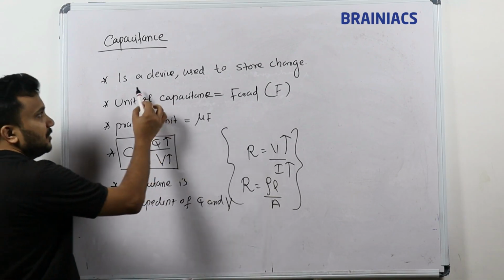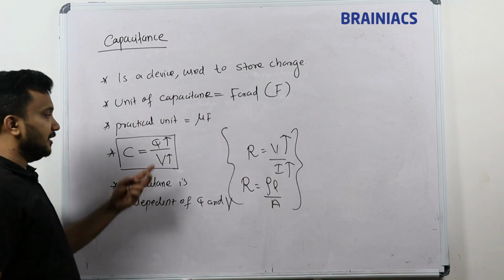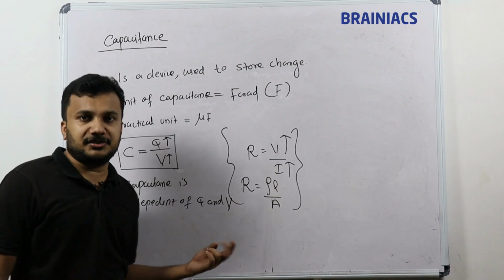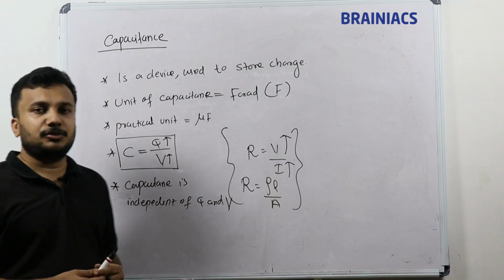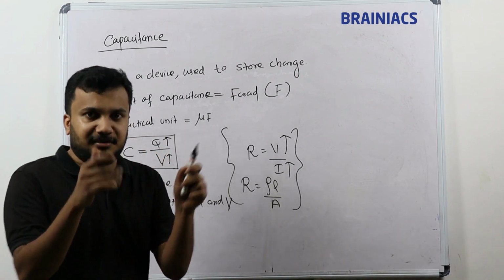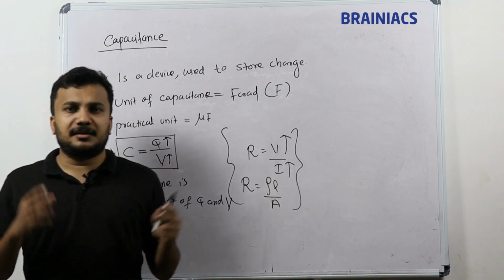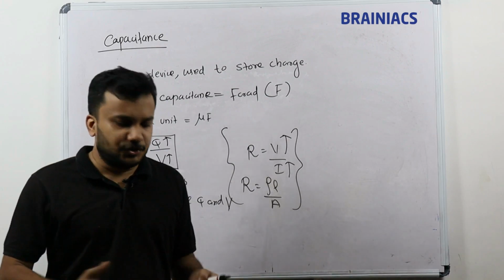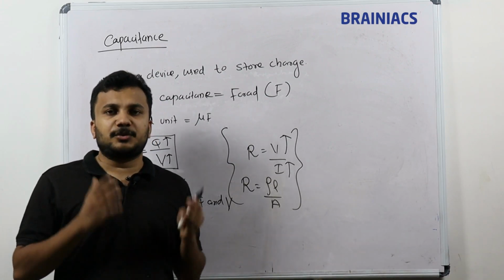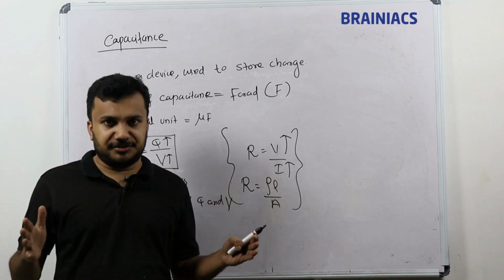This is important. It is a device used to store charge. The formula for capacitance is C equal to Q by V for a particular conductor. If you take three conductors, A, B, and C, then for conductor A the capacitance value is fixed because its dimension is fixed.